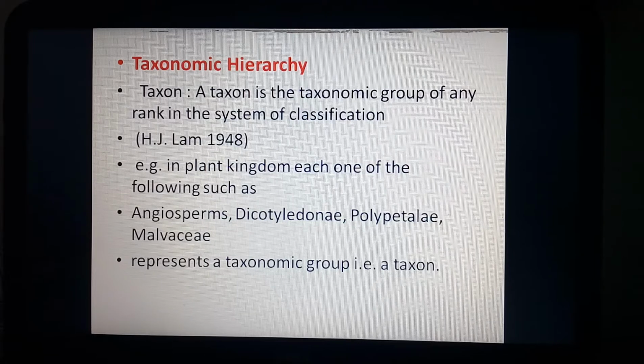Like Plantae belongs to the kingdom category. Plantae is a taxon, kingdom is a category. Then subkingdom is a category, phanerogamy and cryptogamy are the taxon. Division is a category, angiosperm and gymnosperm are the taxon. Got it? In this way.